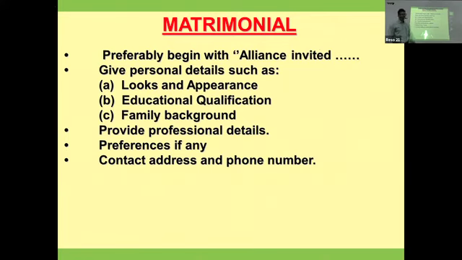Provide any professional details if you feel they are relevant, whether postgraduate, educated, and so on. Any preferences, add on to it. The solved examples will clarify the things. And the contact address and phone number of the person.